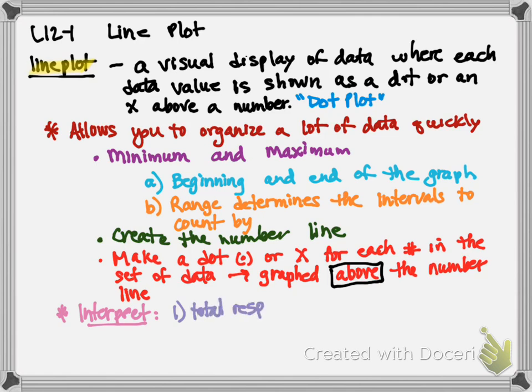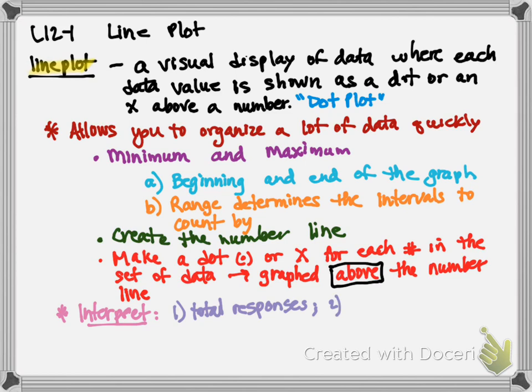Remember on our quiz, a lot of people didn't look at how many dots there were in that dot plot. They just looked that there were 8 separate numbers that had dots, and so when we were trying to figure out mean, they'd divide by 8. That's not how it works. Each dot or X represents one number, so you have to count up all of those. That's one thing you can do when you look at a dot plot or line plot.